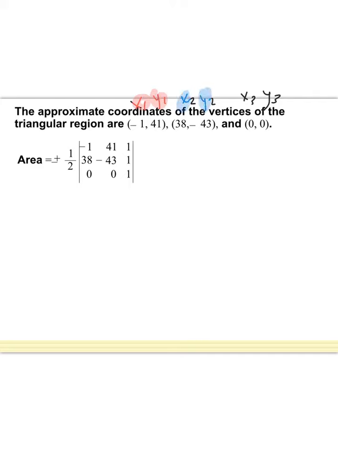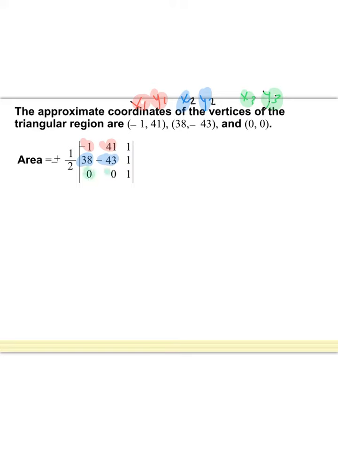And I'm just going to color code them to help us out a little bit. Okay. So my x1 and my y1 go here. My x2 and my y2 are in the middle.